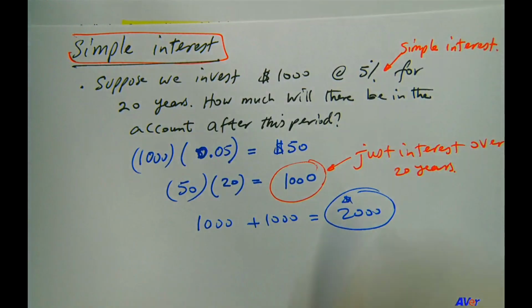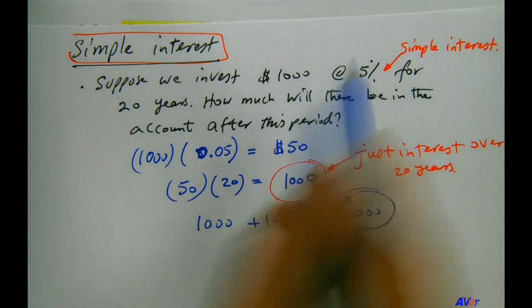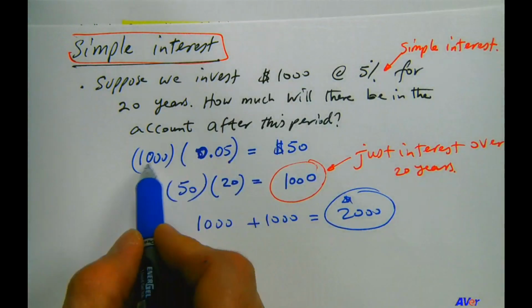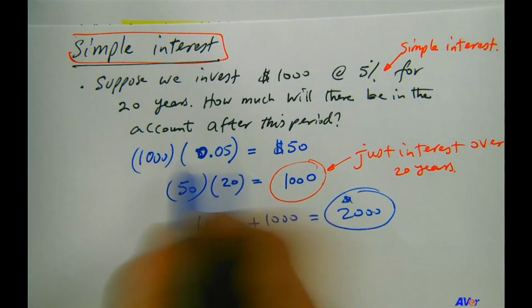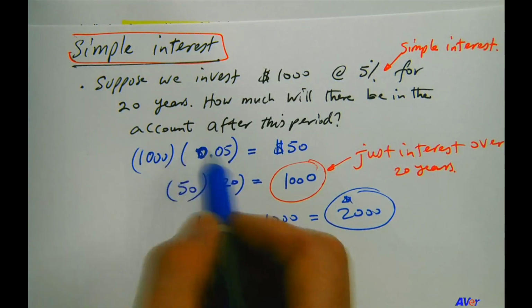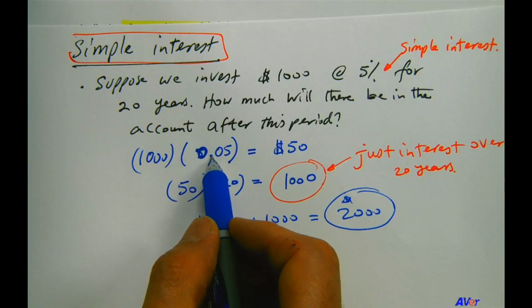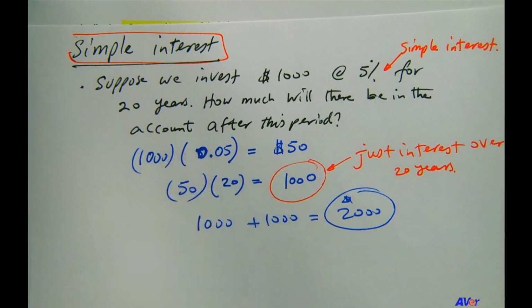But notice what happened. The interest that your account is earning is always applying to the principal amount that you invested. So after year one, you're going to have $1,050 in your account. But that 5% isn't going to apply to $1,050. It's still going to apply to $1,000.